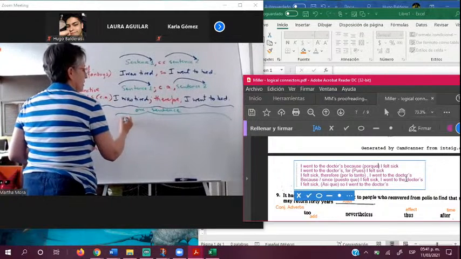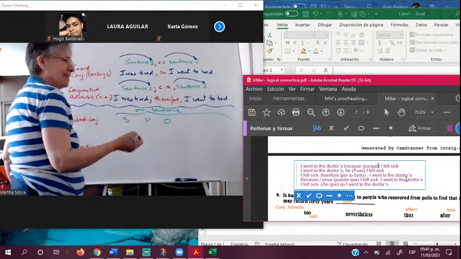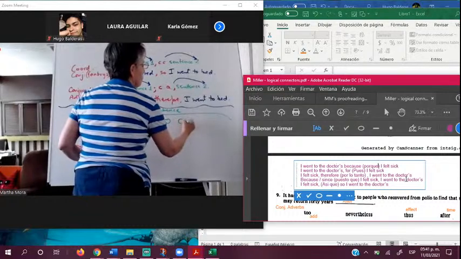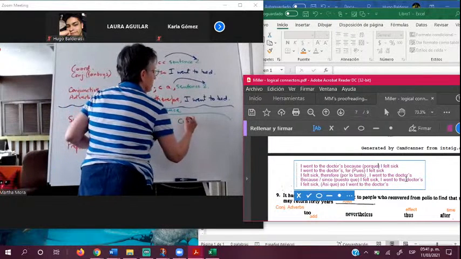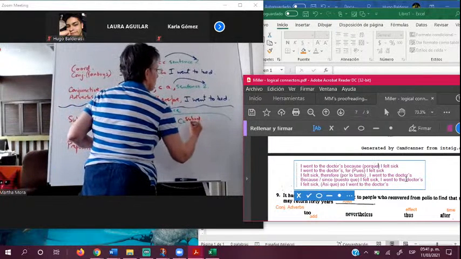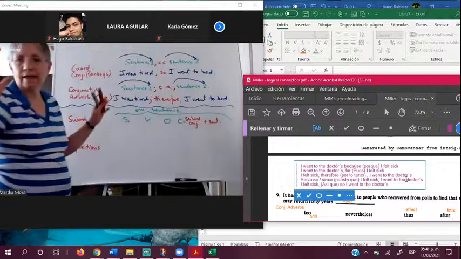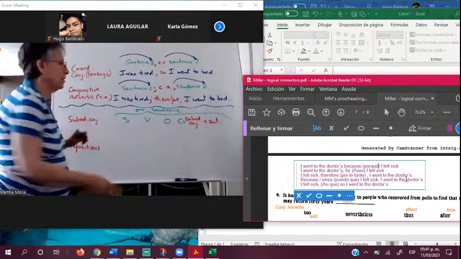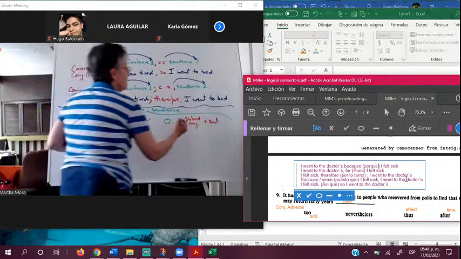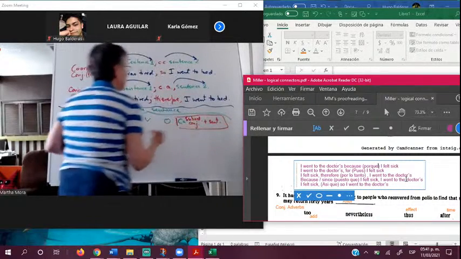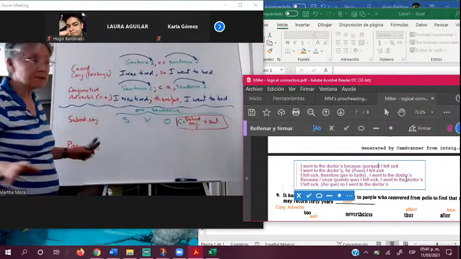We have the subject, the verb, the object, and then the complement is going to be a combination of a subordinating conjunction plus a sentence. If you want to use the technical word, this is a clause. This is a main clause. This is a subordinate clause, if you prefer. So all this is the key. So what do we know? When we have this configuration, we don't need commas.